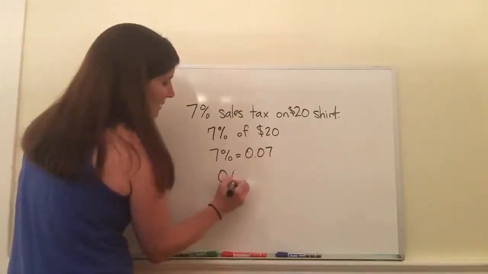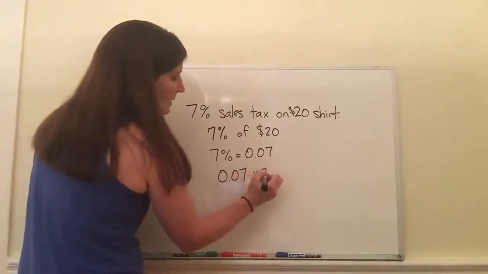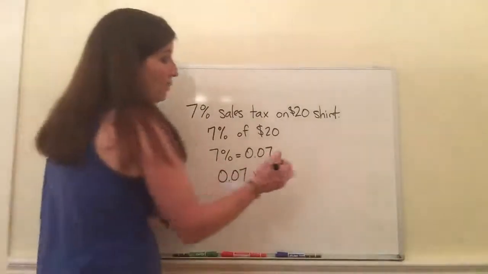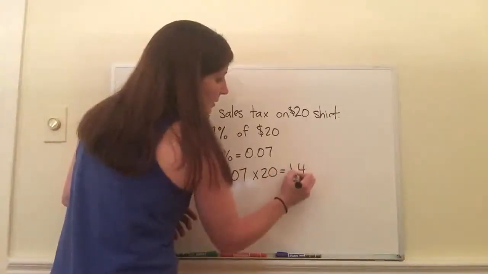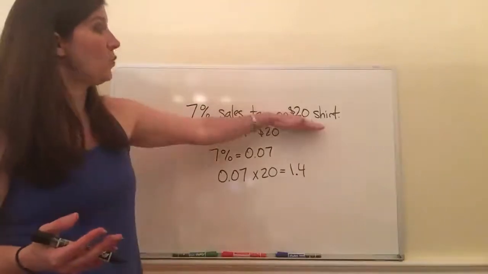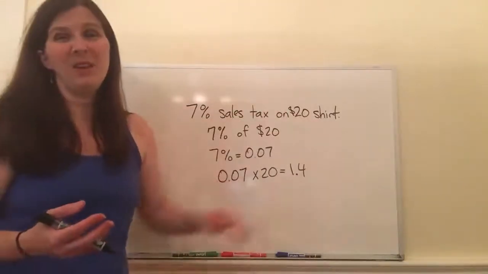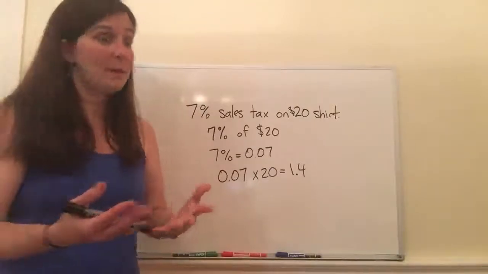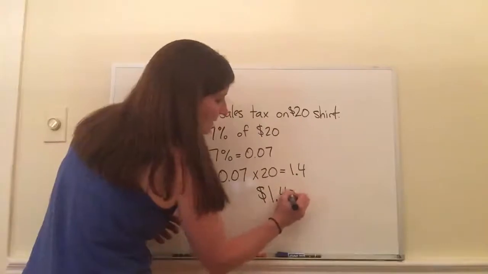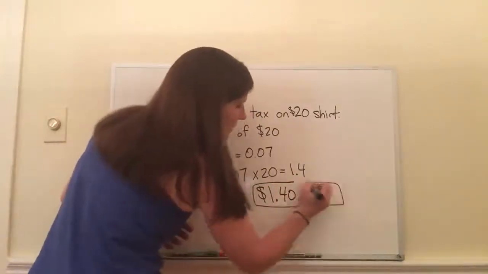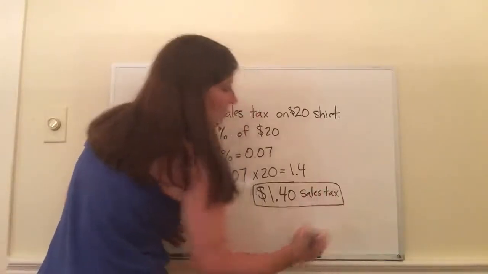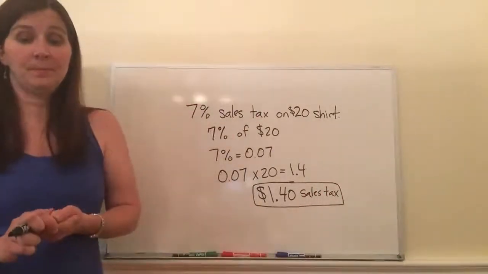So I'm going to use that decimal, multiply times 20, and I get 1.4. I don't know about you, but if I want 7% sales tax on a $20 shirt, I hope they don't tell me 1.4. They're going to tell me $1.40. So it's going to be $1.40 is going to be my sales tax.